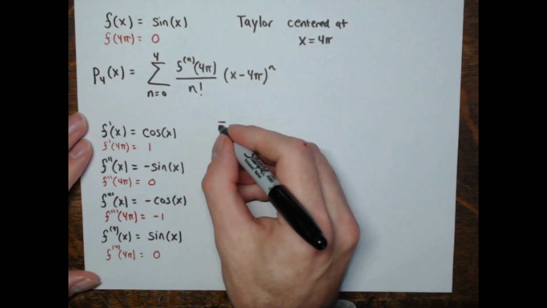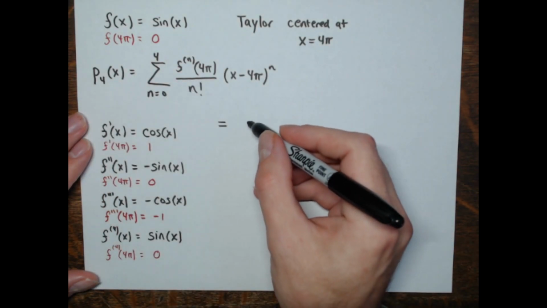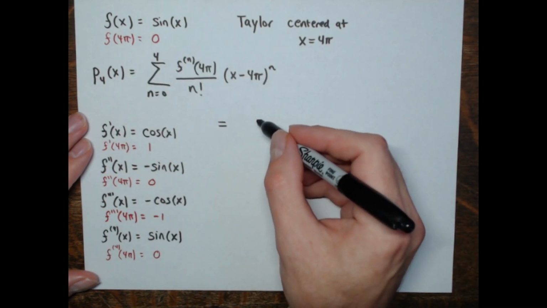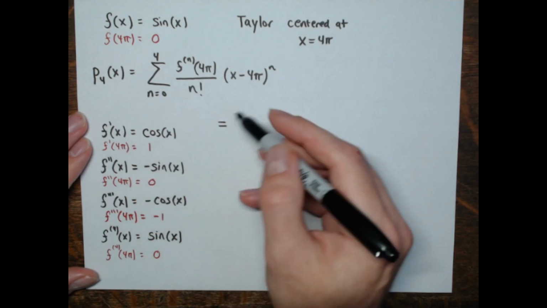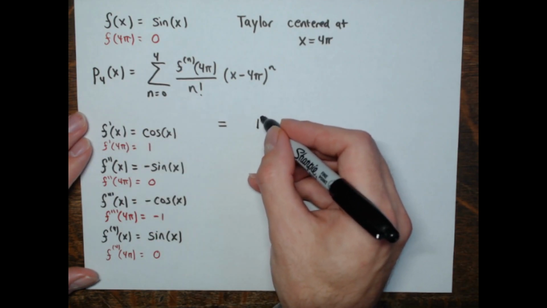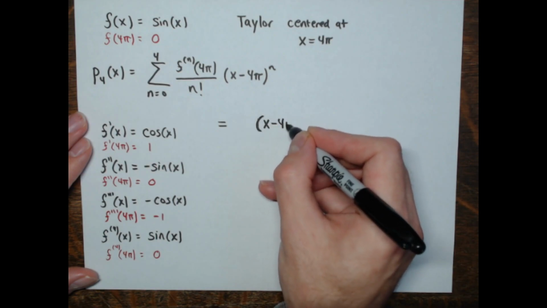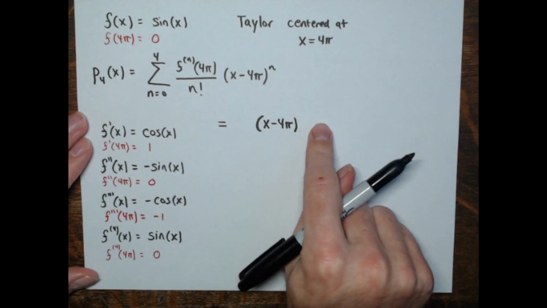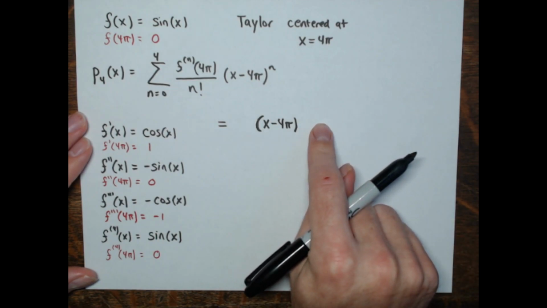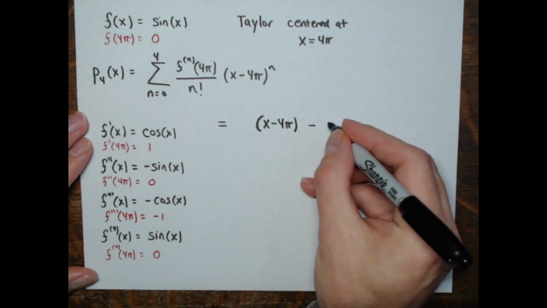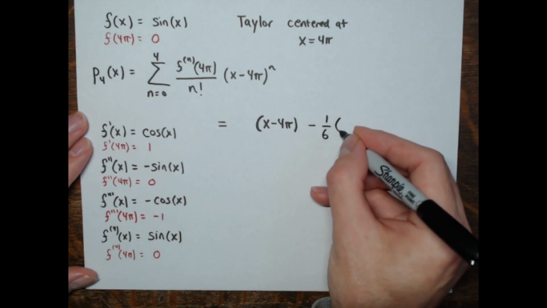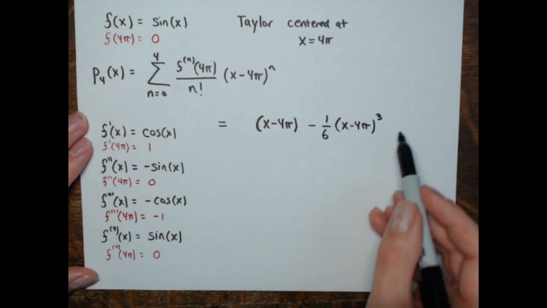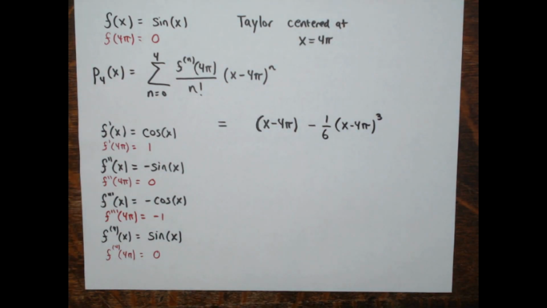So if I write this out, this P4, it'll be 0 for the f of 4 pi. And then the first term is the first derivative at 4 pi, 1 over 1 factorial times x minus 4 pi to the first, plus 0 times x minus 4 pi squared, then minus 1 over 3 factorial, so minus 1/6 times x minus 4 pi to the third, and then plus 0 times x minus 4 pi to the fourth.